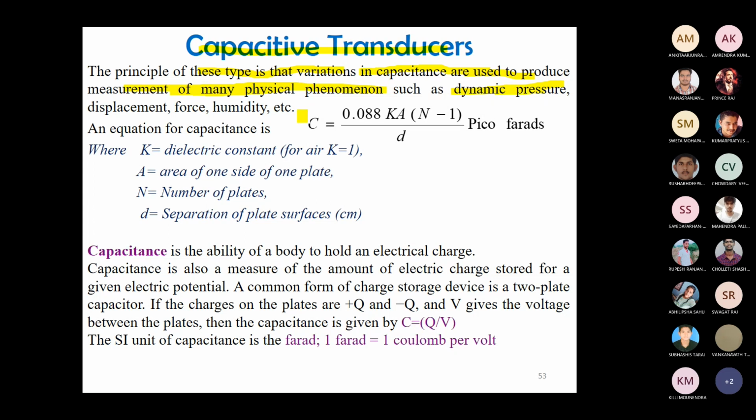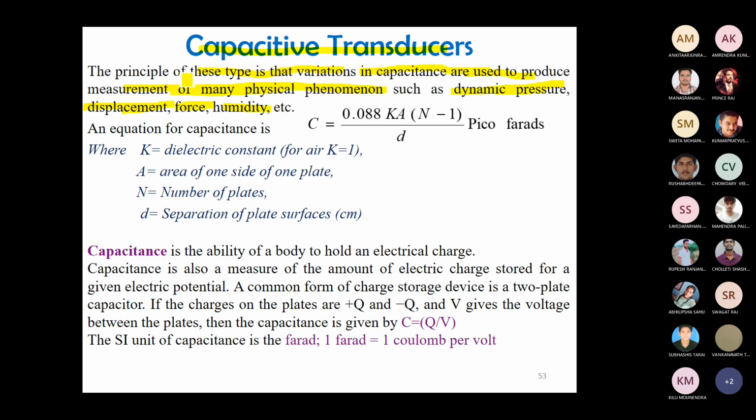Due to pressure, the plate may move, the cross-sectional area may change, or the dielectric may change. So dynamic pressure, displacement, force and humidity are all possible. Due to these changes, the value of the capacitance may change.